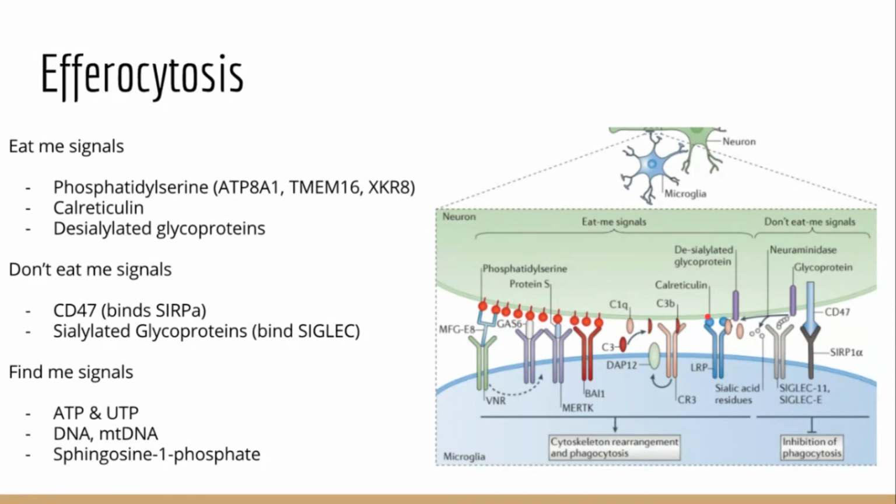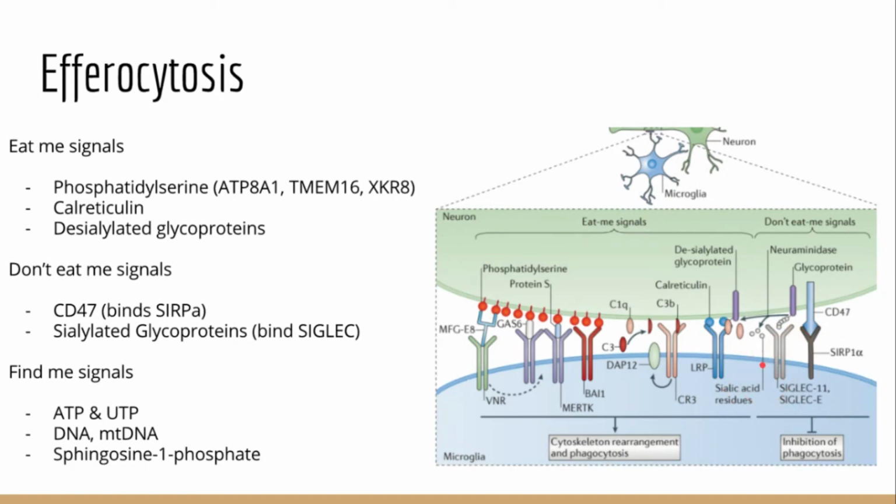And actually, lastly, desialylation. I'm not exactly sure how to pronounce it. Desialylation. It seems to be required in order for a neuron to be phagocytosed. So sialic acids are found on the membrane proteins, and it's normally a potent inhibitor of phagocytosis.